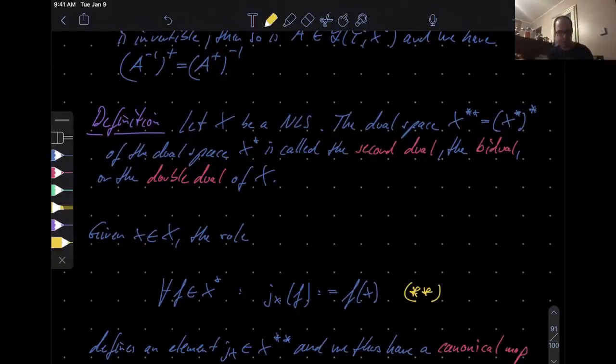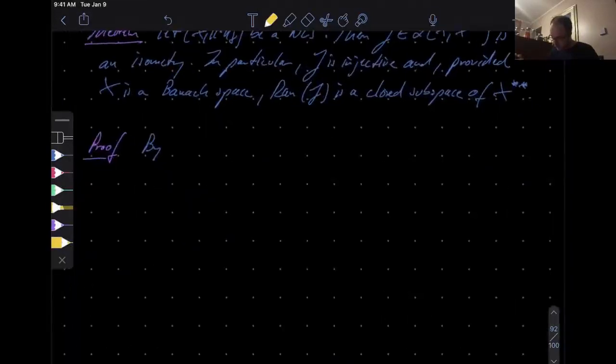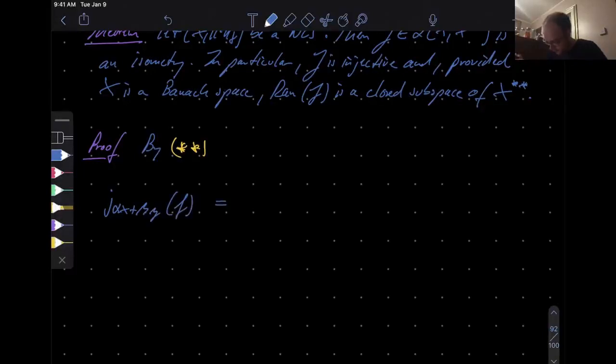So we will exploit this now all the time. Very much like the definition of the dual, we also exploited that yellow star a lot. So let's do this. So by yellow double star, j of alpha x plus beta y acting on f is what? So remember how this acts.